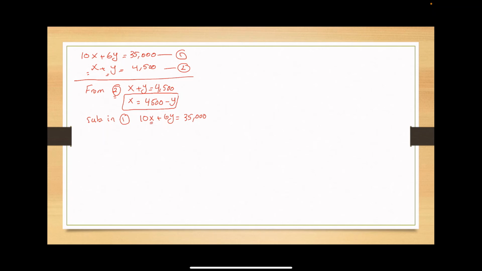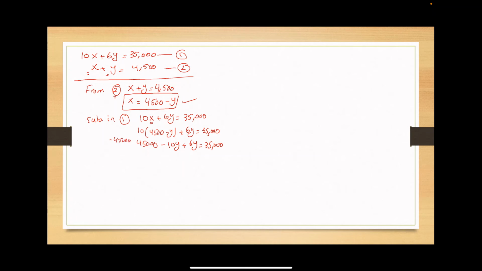Now instead of x I'll write 4,500 minus y. So it's 10, open a bracket, 4,500 minus y, plus 6y equal 35,000. 10 times 4,500 is 45,000. 10 times negative y is negative 10y, plus 6y equals 35,000. Now I have to subtract 45,000 from both sides.